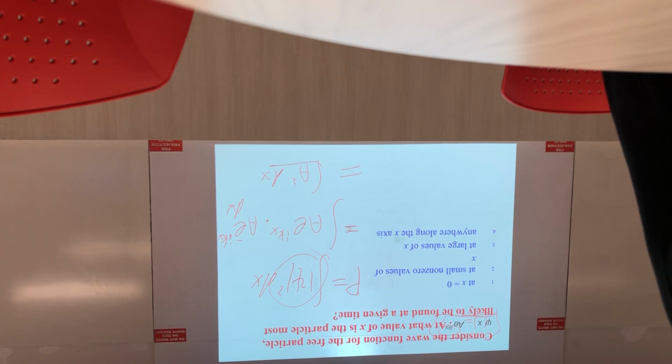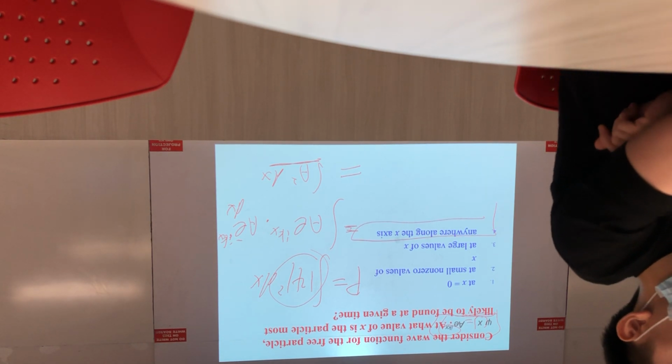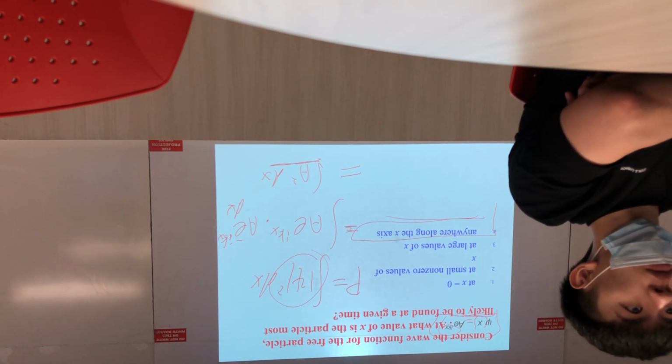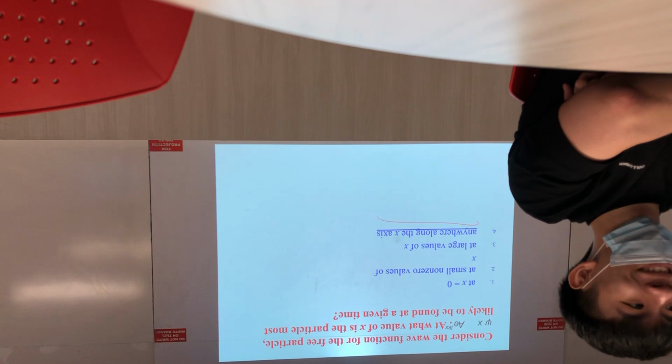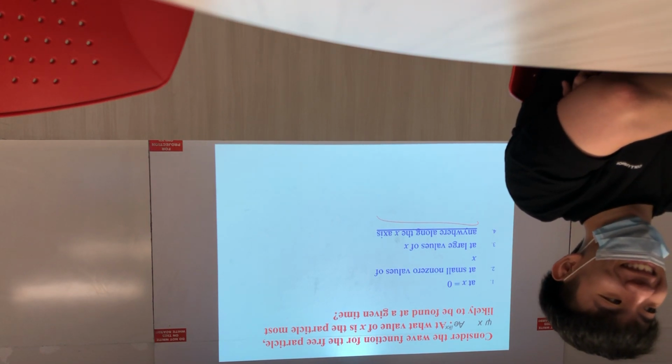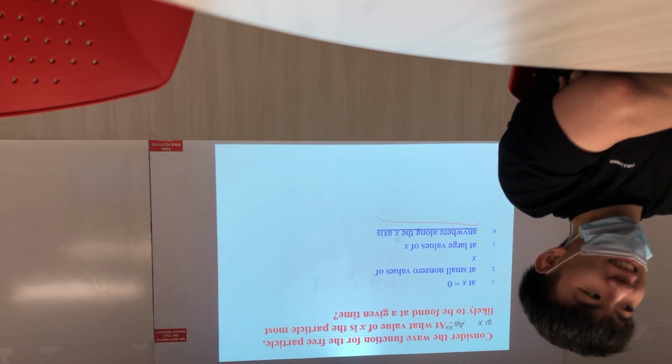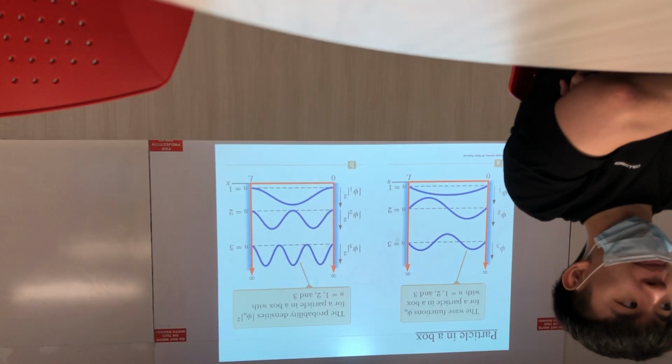So this is a constant value, so we are going to have the same probability along this x-axis. So now we understand how to use this wave function to find the probability. Now this wave function is developed to the particle in the box.